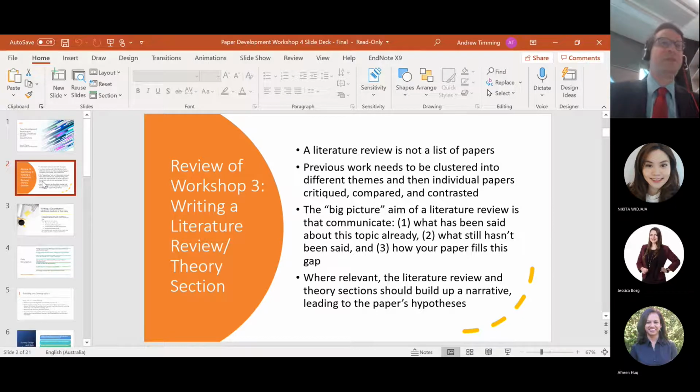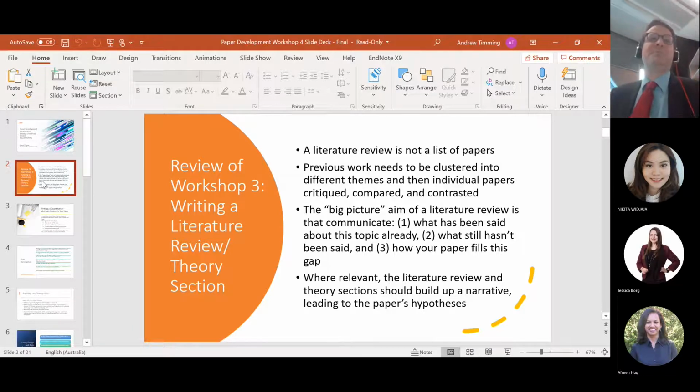What we discussed was the importance of taking previous work, and before you actually start writing your literature review, seeking to cluster those papers that you've identified into different themes, and then taking those individual papers once they're clustered into those themes and really critiquing them and comparing them and contrasting them, right? Not just a list, but a real deconstruction of that which has been written before on a particular topic.